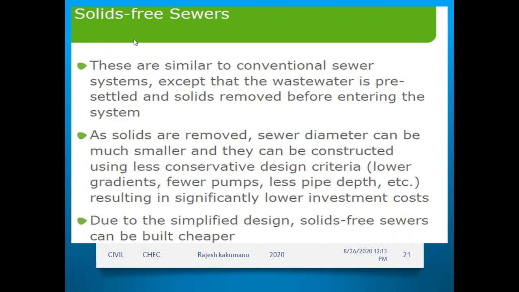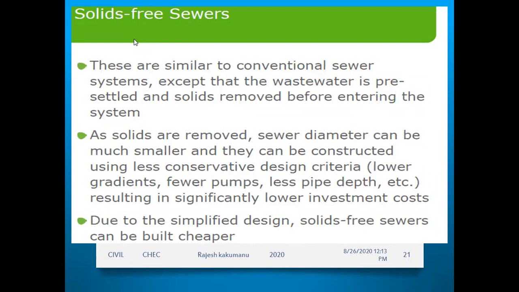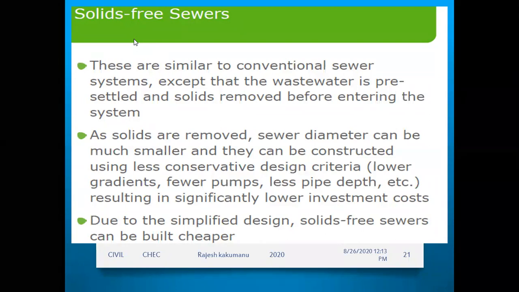Next, as solids are removed, the sewer diameter can be much smaller, and they can be constructed using less conservative design criteria. So we have to remove the solid materials from the system. Then the diameter of the pipe should be taken into consideration.